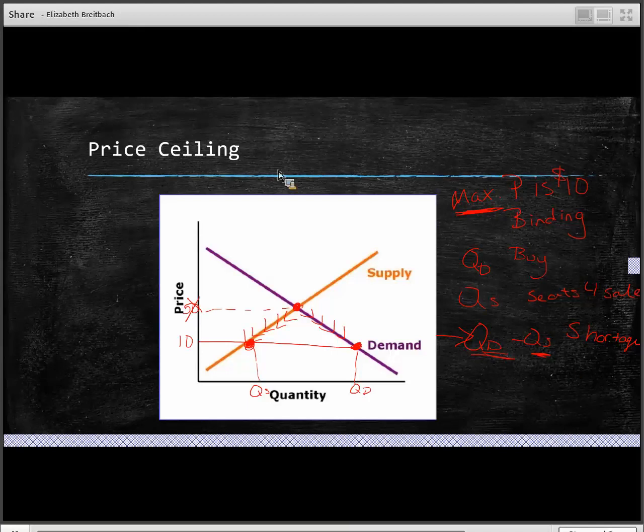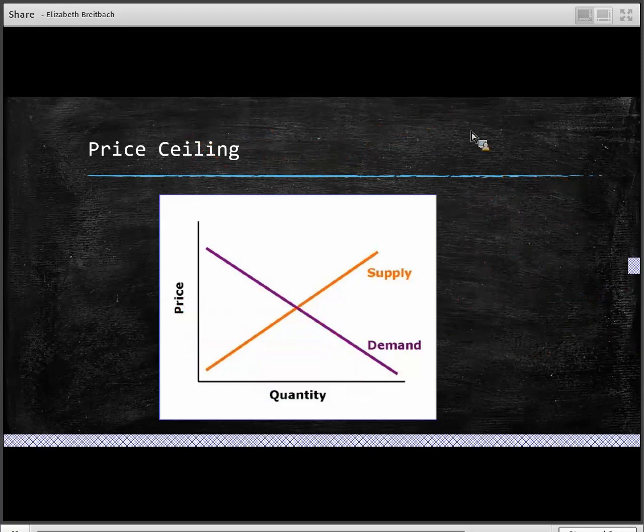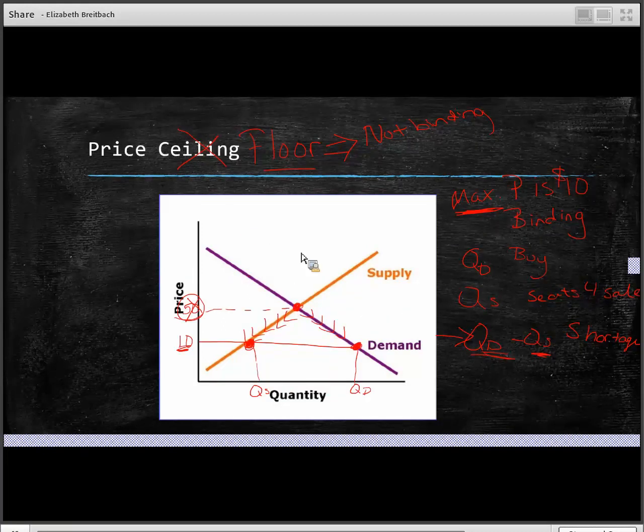If instead the university said, we have a price floor, the minimum price you can charge is $10. The university was already charging $50, so they're not charging less than $10 for a seat. And if we would have set a price floor, that would have been a case where we had a not binding price floor. Remember, a price ceiling is binding when it's set below equilibrium.